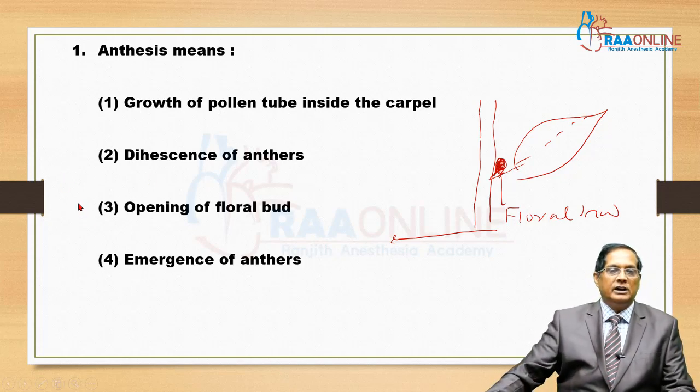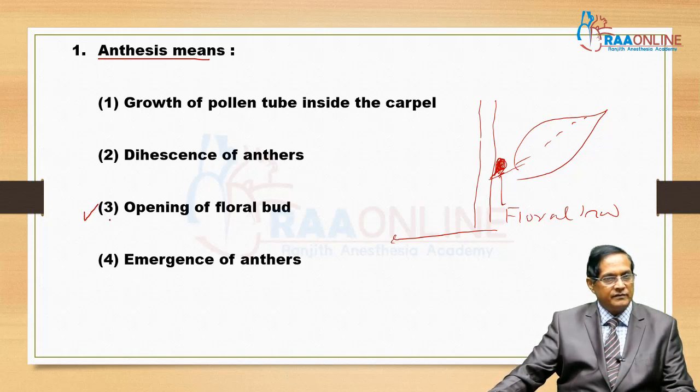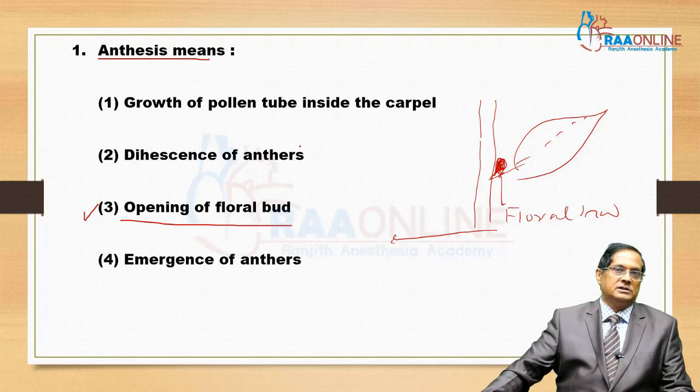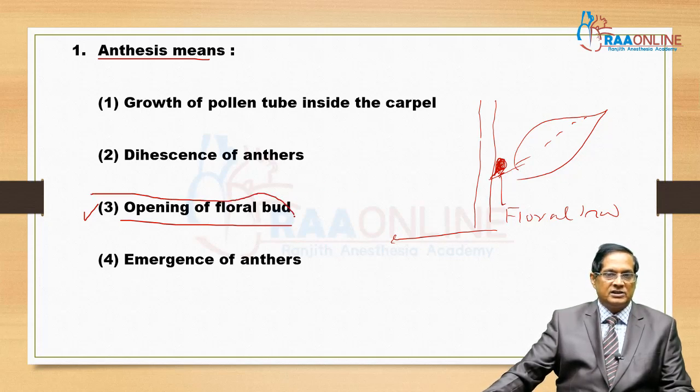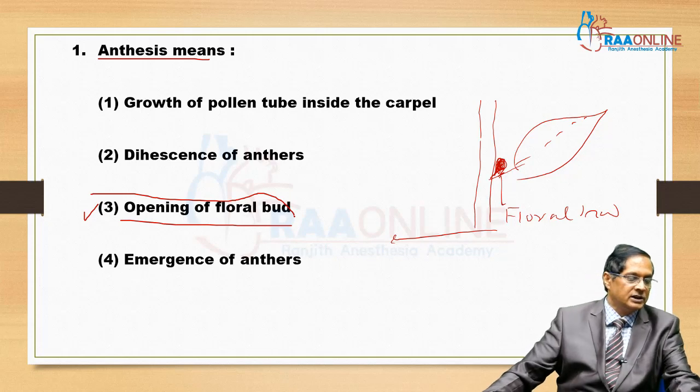The opening of a floral bud is known as anthesis. This is the answer to question number 1. First of all, a floral bud appears on the plant, then this floral bud gradually opens into a flower. The phenomenon is termed anthesis.